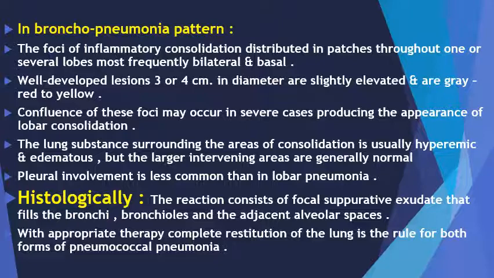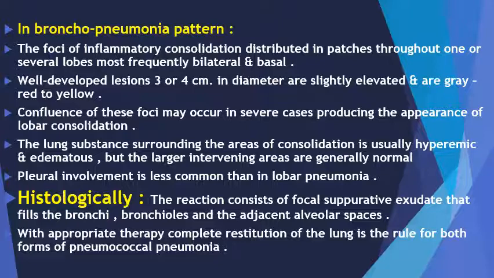That is to say, between the patches the lung tissue appears normal, unlike lobar pneumonia, in which there is homogeneous involvement of the whole lobe with no intervening normal lung tissue between patches as seen in bronchopneumonia. Pleural involvement is less common in bronchopneumonia than in lobar pneumonia.